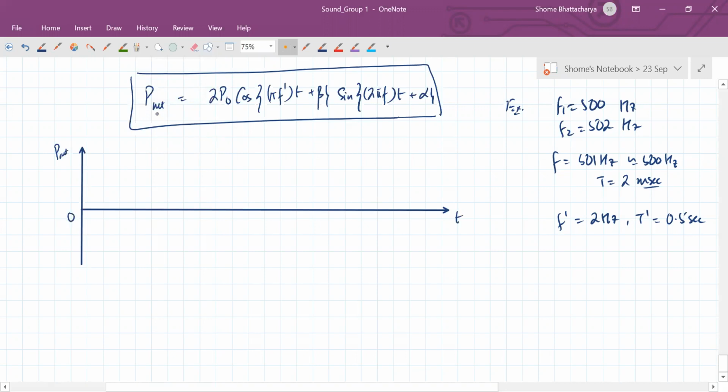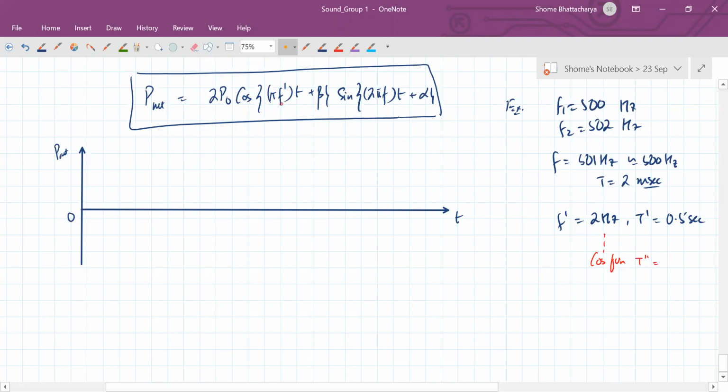Or rather the graph of the volume stress with respect to time, the excess pressure with respect to time. Now this term is varying at the rate of this f prime, which is 2 hertz. Actually the cos function will have a time period of this much.